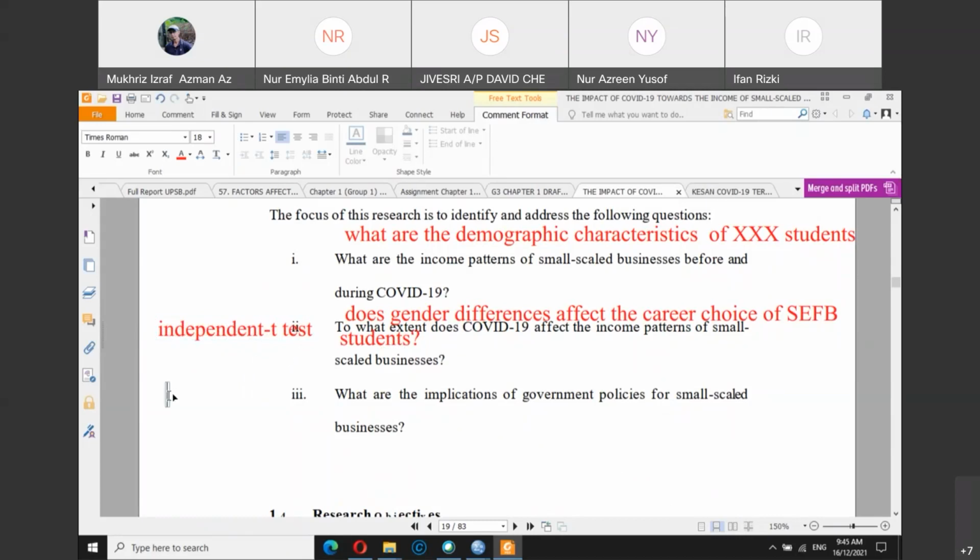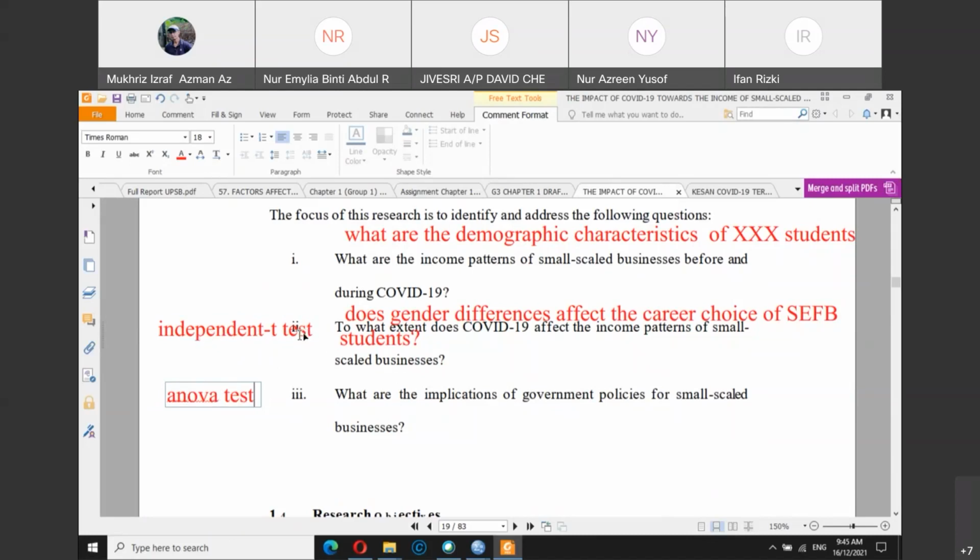For the third one, we want to apply the ANOVA test. ANOVA is used when you want to compare 3 or more populations or groups. Male and female are only 2 groups, so it's not suitable to use ANOVA. So we apply the independent t-test.